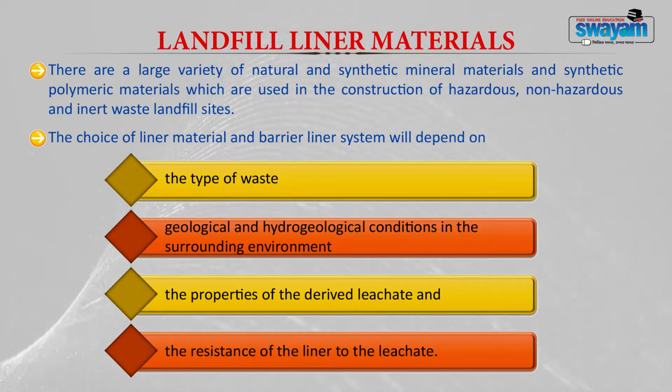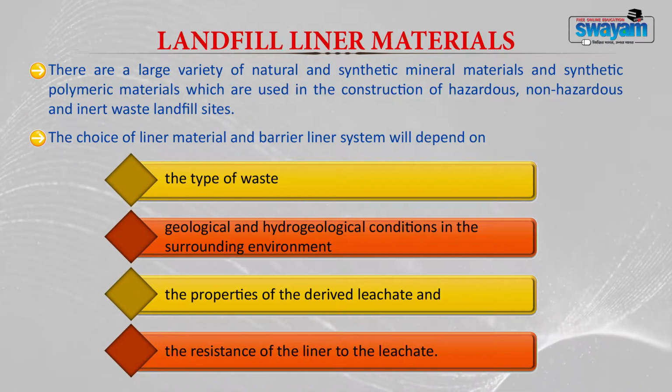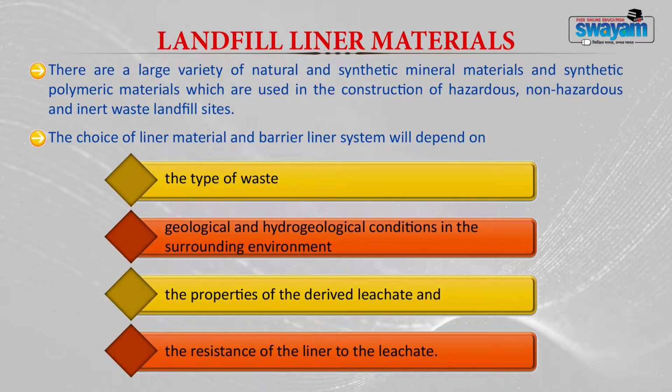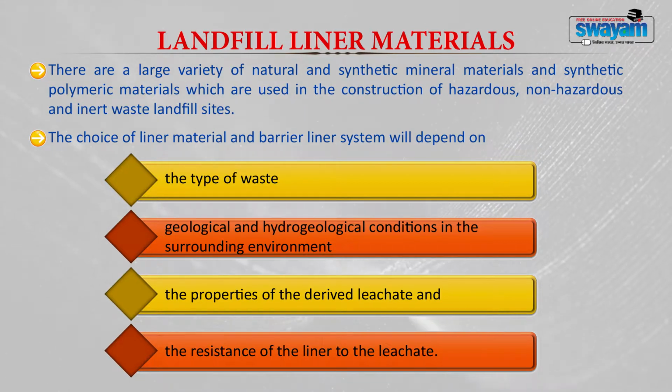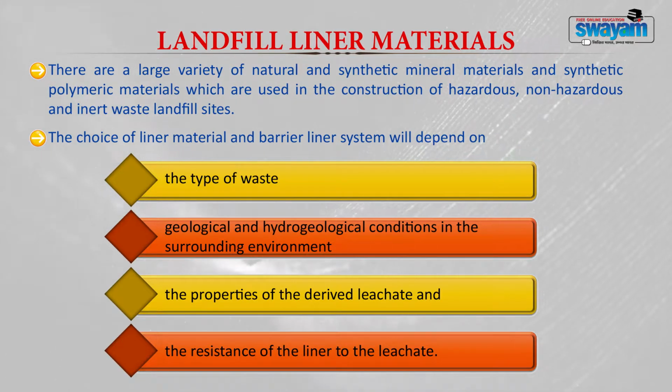Because leachate has a lot of materials which have rupturing or corrosion potential, which will react with the liner material and break or weaken them. So these parameters should be considered before you select the material for construction of a liner system.